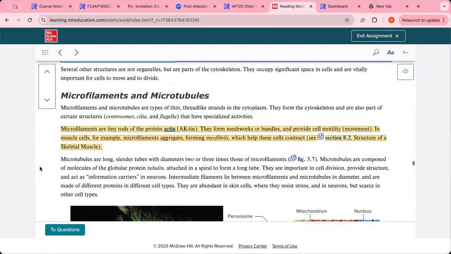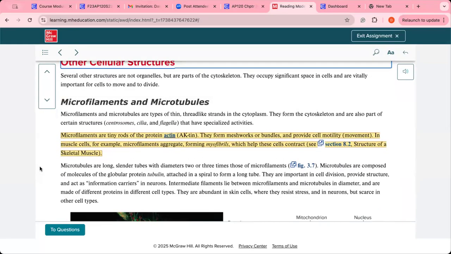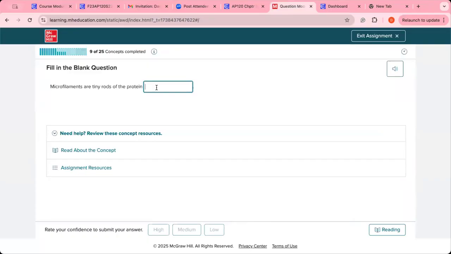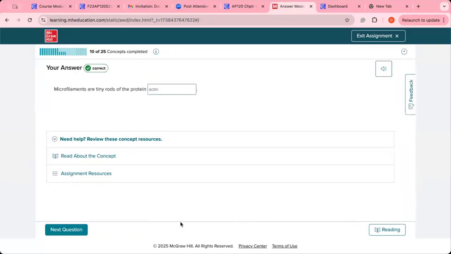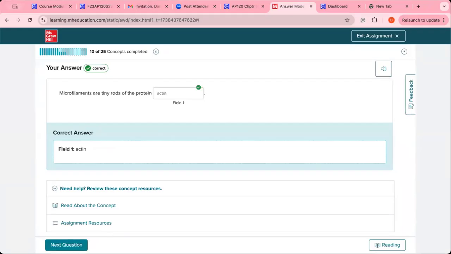Okay, microfilaments are tiny rods of the protein. What's the name of the protein? Actin? Actin. That's what they want. Actin. Good.